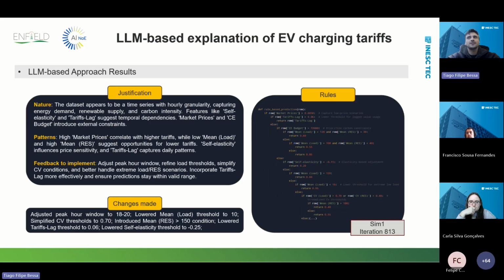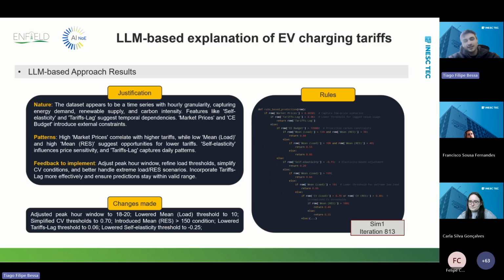As I said previously, we wanted to make this in a way that was both explainable and interpretable. If we speak about interpretability, the LLM is prompted to return a Python function that is a decision tree, an if-else tree-based model. Furthermore, it also provides a justification in natural language.